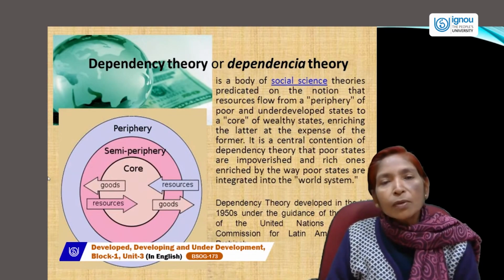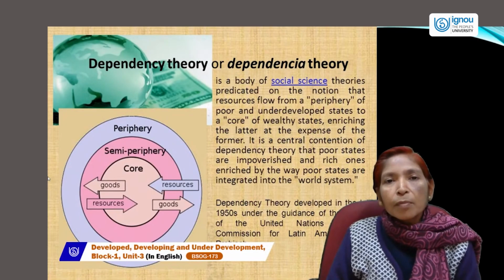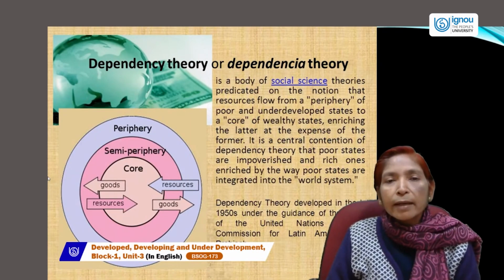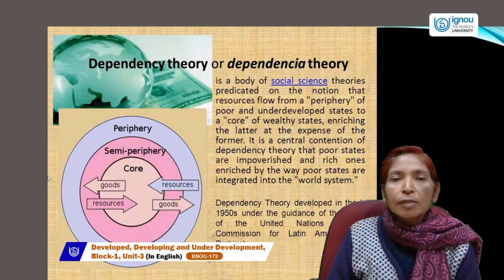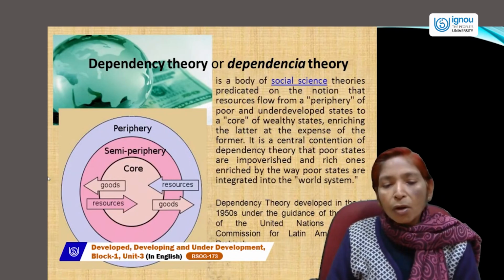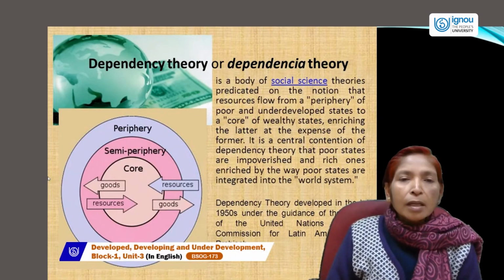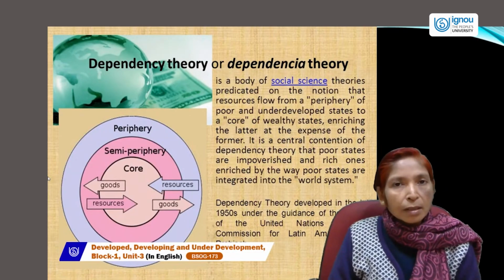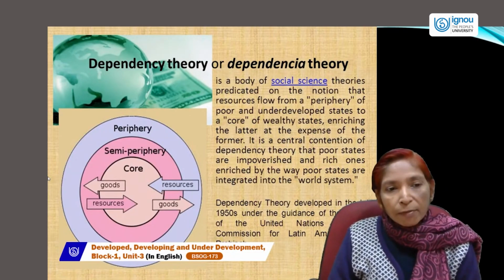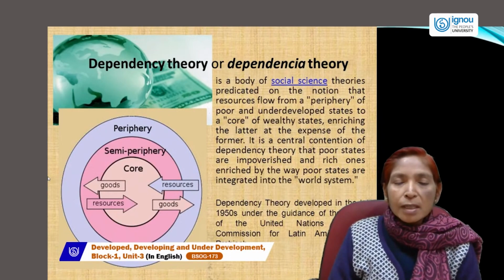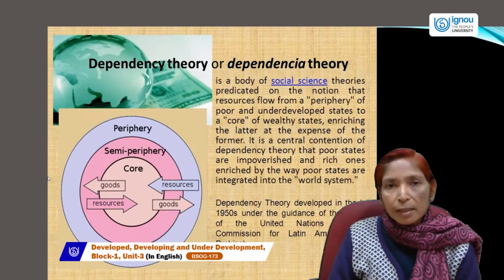So, dependency theory was developed by Raul Prebisch in the late 1950s under the guidance of the director of the United Nations Economic Commission for Latin America. Here, the economy is classified into core, which is the developed countries, semi-periphery, which is the developing countries, and periphery, which is underdeveloped countries.